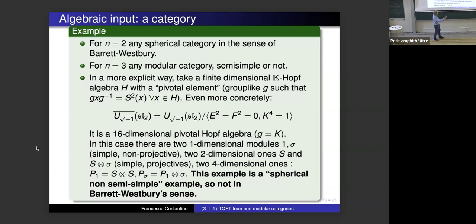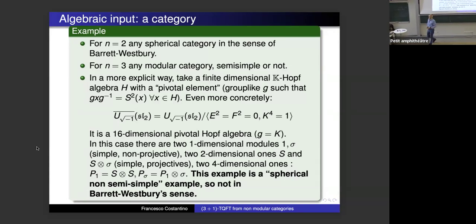There is the trivial module. There is another module, sigma, whose square is an invertible module. Sigma square is 1. And they are one-dimensional, a simple module, but they are not projective. I will be talking about projective in a minute. So if you don't know what projective is, don't worry. There is the 2-dimensional standard module, the one everybody knows about SL2.